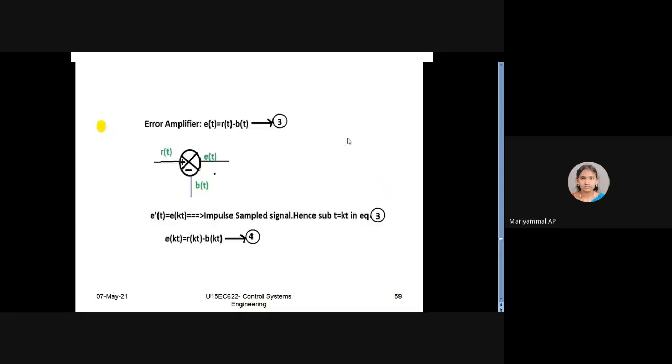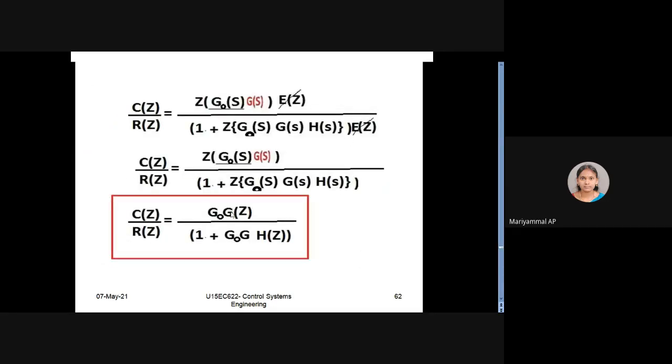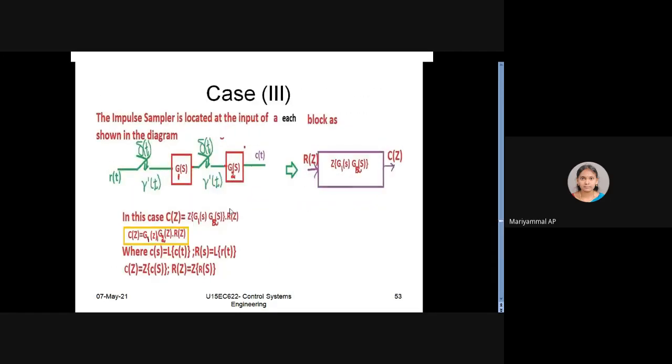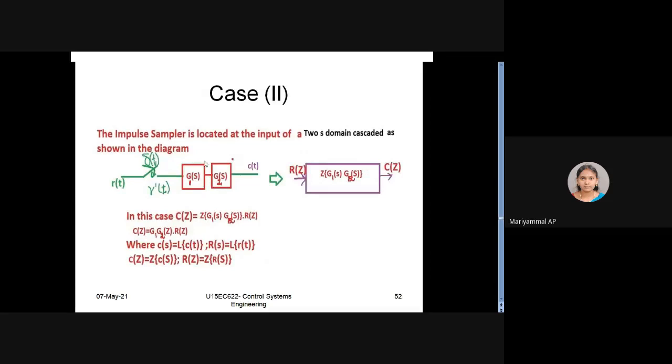So we are taking the final answer as Z of G naught into G of Z, divided by 1 plus Z of G naught G into H of Z. So why are you taking only one Z? Based on case number 3, or 2. See this case number 2; we discussed here that only one sampler is there between the two blocks.